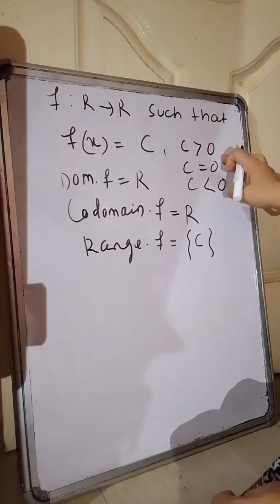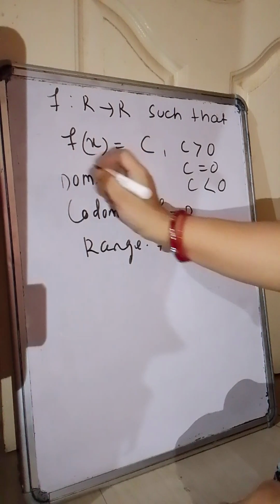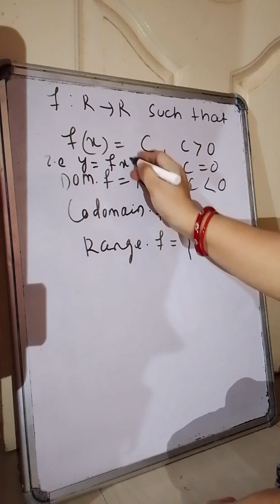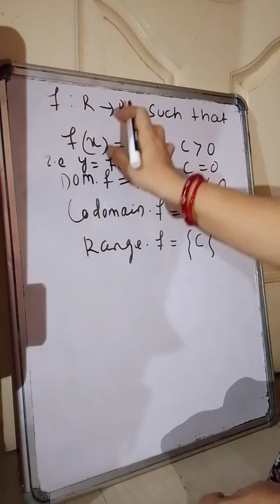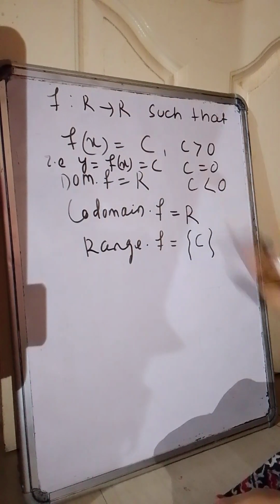When c is a positive number, as you have seen when we draw the graph of the constant function, you will get a straight line lying above the x-axis, not passing through the origin. Because f of x equal to c means y equals f of x equals c, and this y value lies in the codomain set.